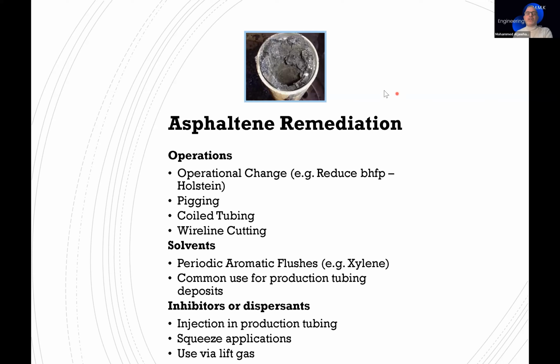So any kind of remedial action needs to be considered, needs to be addressed very well, needs to be studied, and we need to take these remediation actions with regard to the reservoir properties. Some remedial actions become worse and worse because we don't just choose one of them without considering the other parameters for the reading of this asphaltene problem.